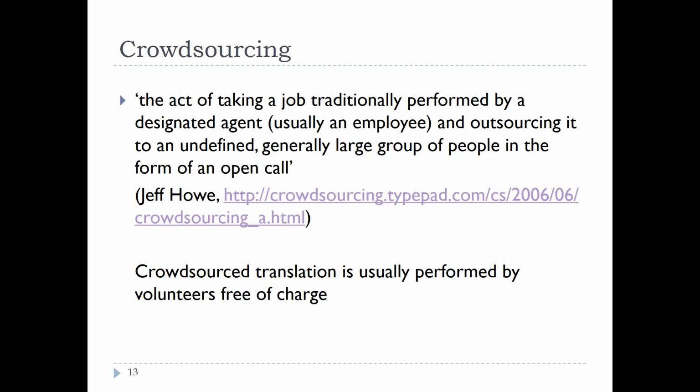Crowdsourcing is generally performed free of charge by volunteers. Facebook used this approach in order to translate its own website, its interface. They invited people who enjoyed using their website and who knew more than one language to work on the translation themselves, and that is what happened.